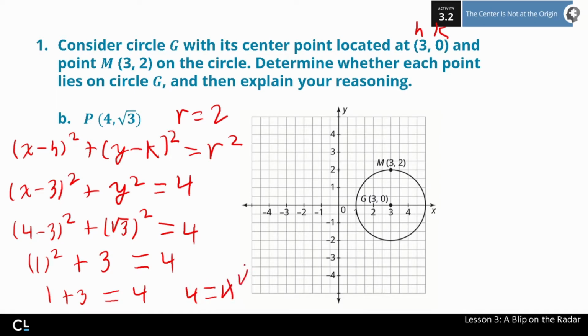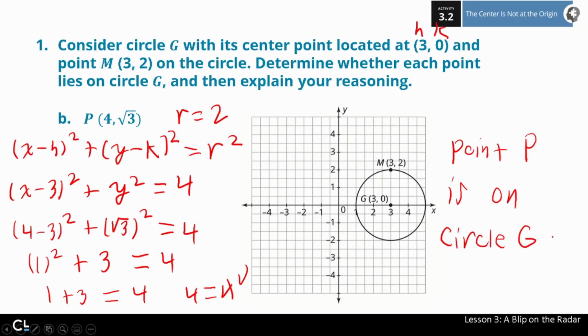That is true. Check. So we could say point P is on circle G. Yes, we did it, right? And just in case some of you are wondering, this is a check mark. Oops, messed it up again. Check mark. Yay, we did it. 4 equals 4.